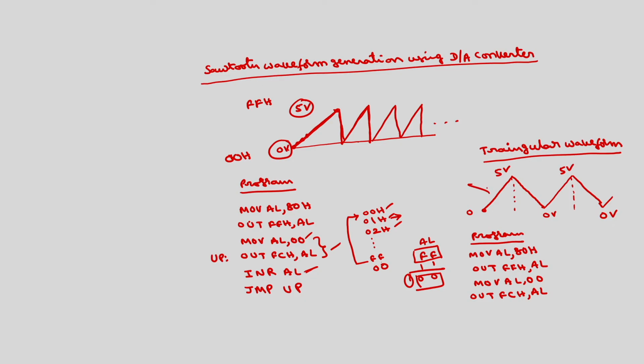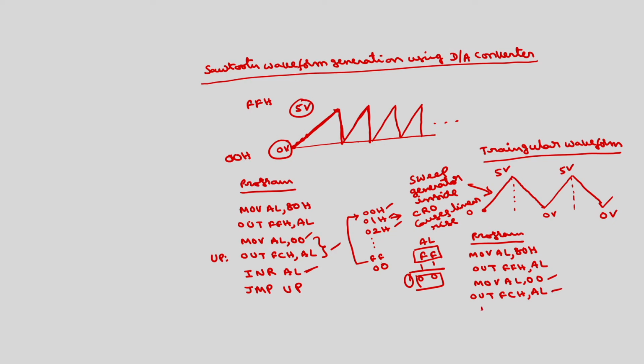So, the sweep generator will take care of this linear rise, as well as the linear fall. So, no need of delay here, I will simply output this 00 volts using this instruction.